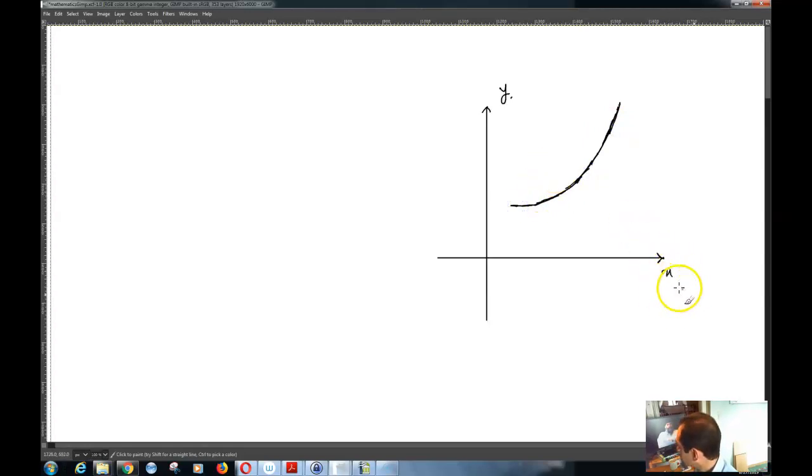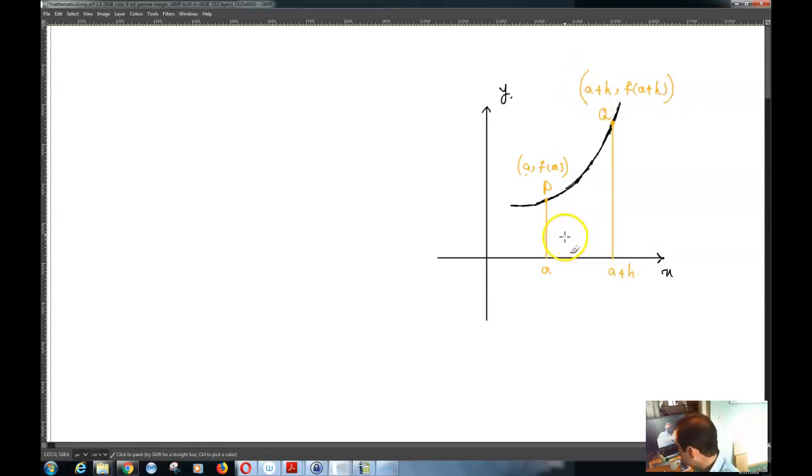You have some point A over here, and some point A plus h over here. This point you can call P, and this point you can call Q. So the coordinates of this point would be a comma f of a, and the coordinates of this point would be a plus h comma f of a plus h.